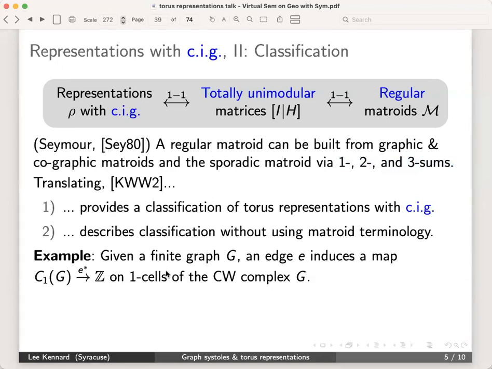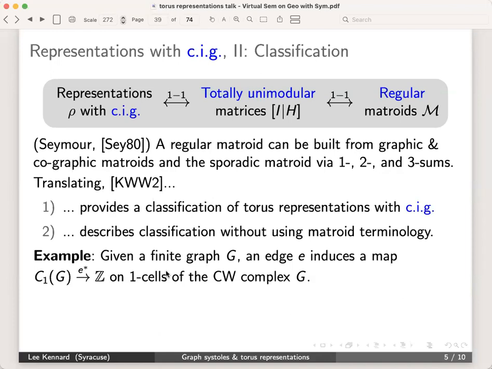So I want to explain quickly here the most important and largest class of these, the so-called co-graphic matroids, which we then call co-graphic representations in that language. So what you do is, and again, this is from Seymour.